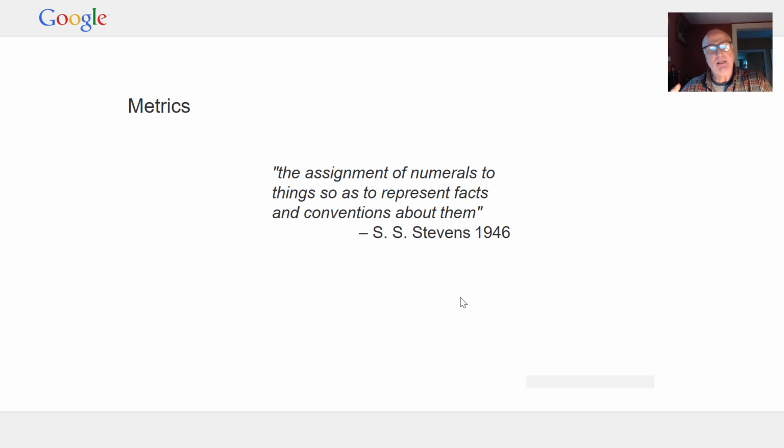So what are metrics? The assignment of numerals to things so as to represent facts and conventions about them. It's hard to figure out what are we measuring? How do we measure things that happen in computers? Our computers can generate thousands of metrics per millisecond, probably per second.